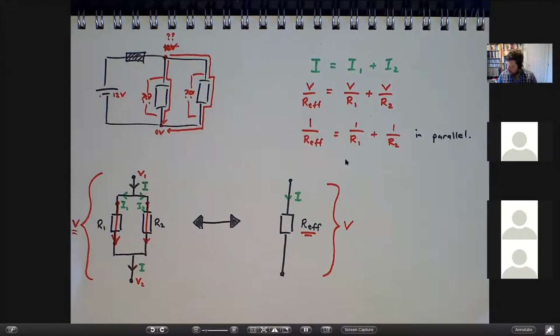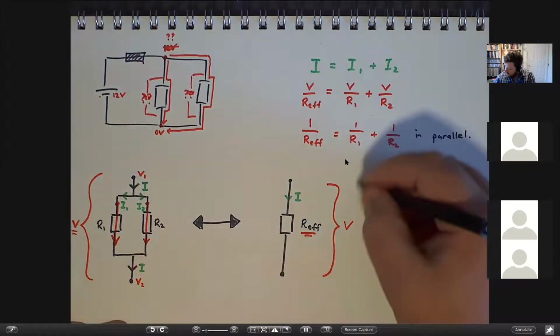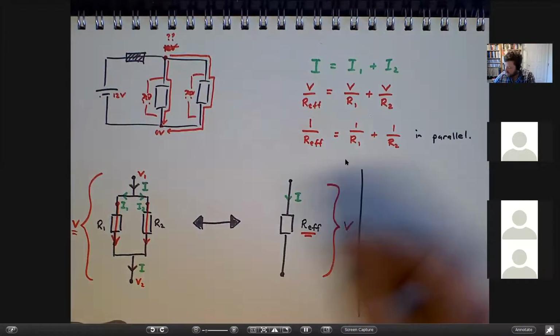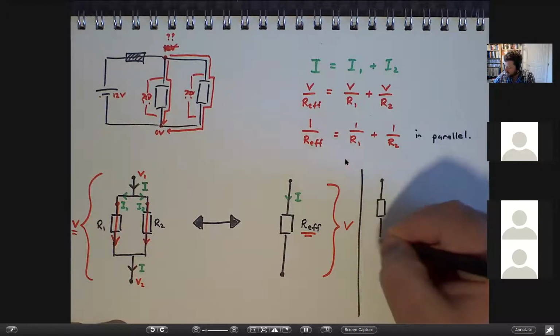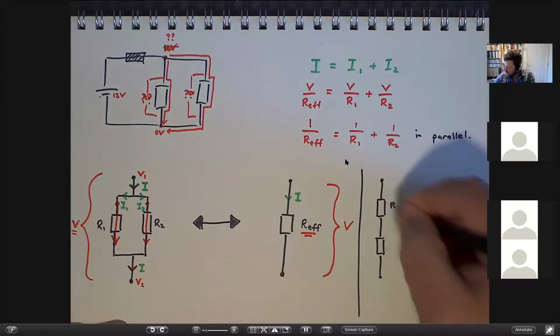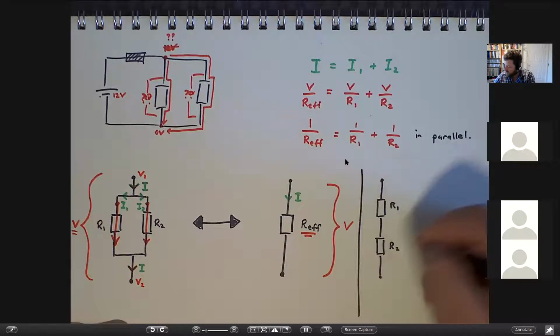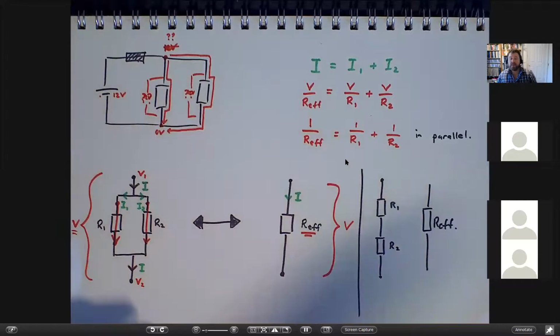Let's just very quickly, for completeness, talk about another situation. The other situation is you put two resistors in series, but we already know the rule for that. If we have R1, R2, and we want to turn that into an effective resistor, RF, we just add the two.